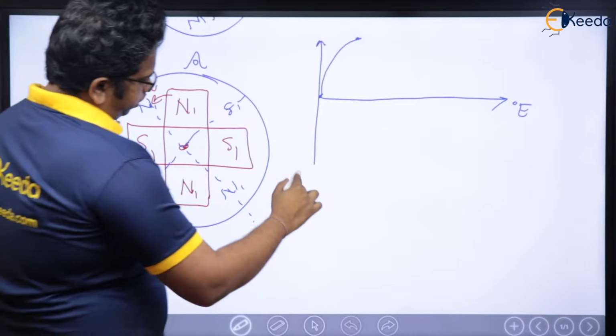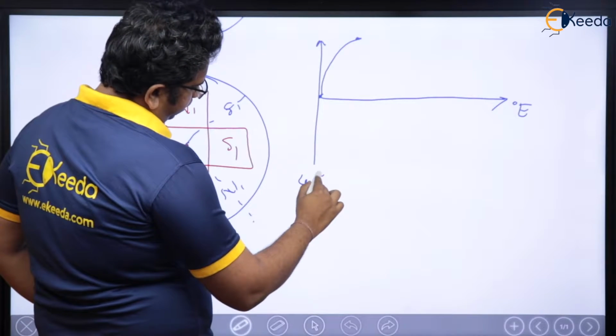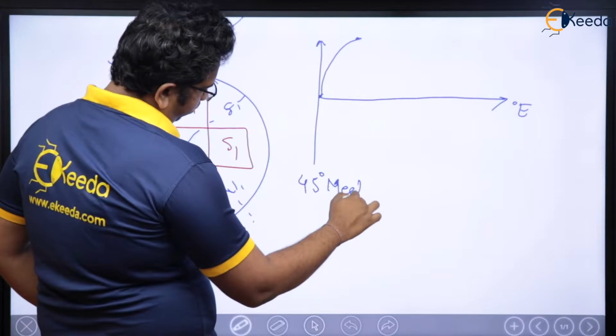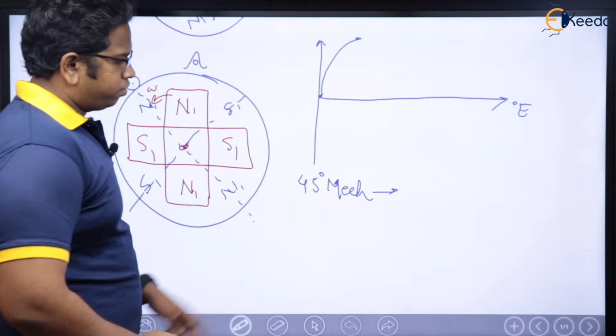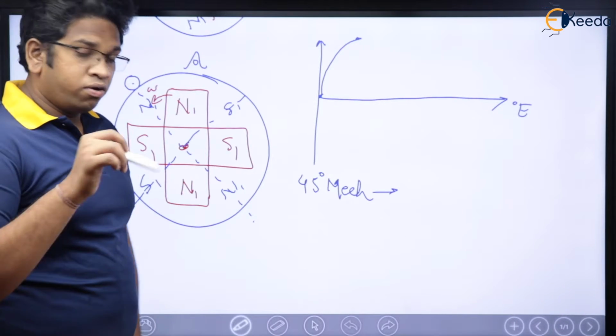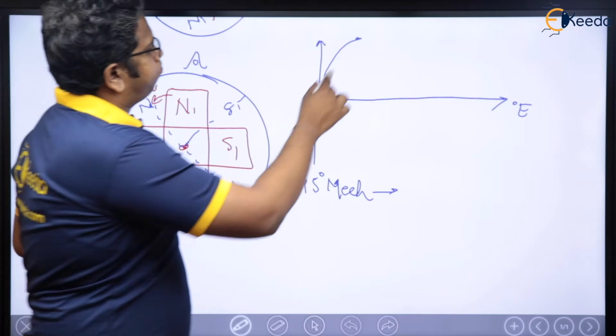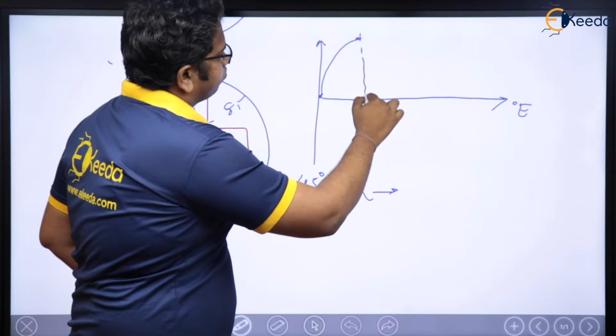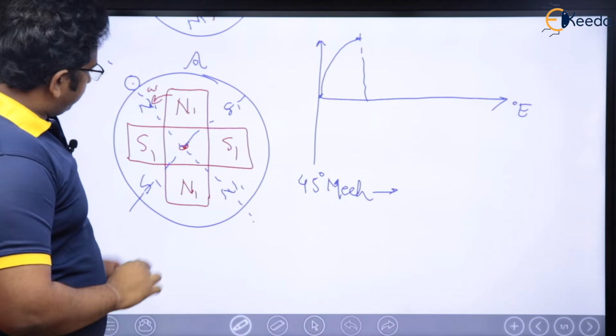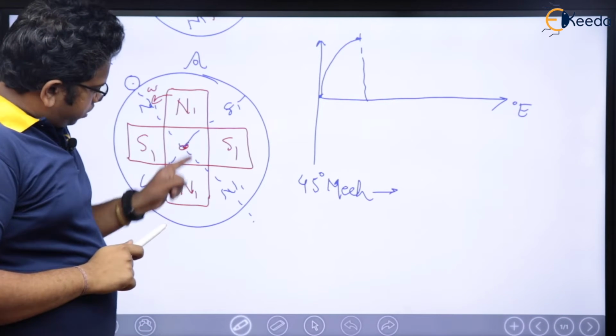Now see here, let me write down 45 degrees mechanically. If I rotate the rotor poles by 45 degrees mechanically, I got from 0 to positive maximum, right? See. Initially, when N1 was here, S1 was here.